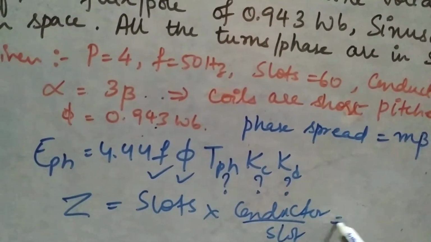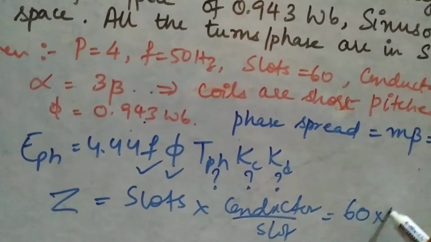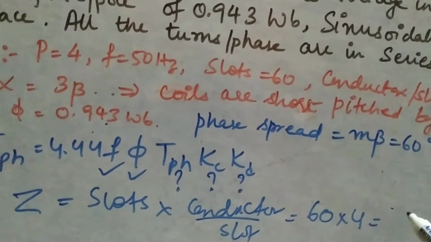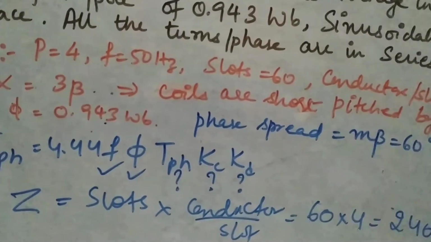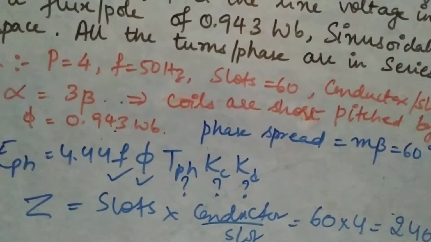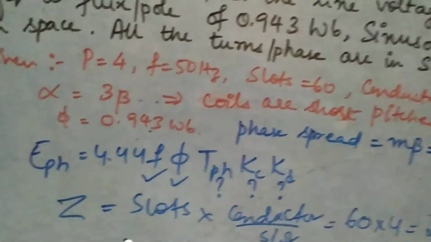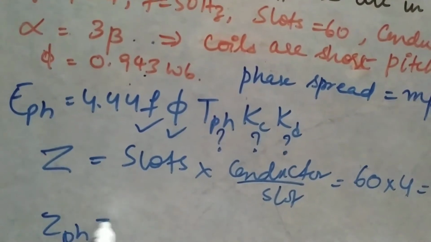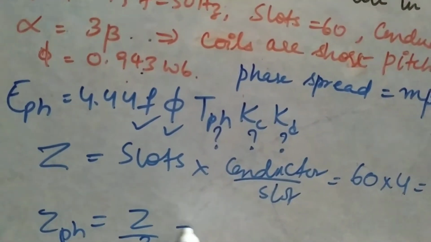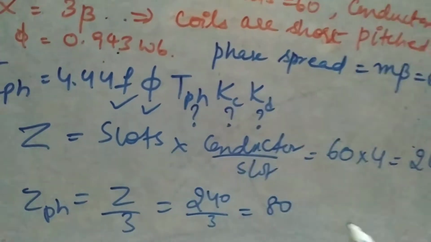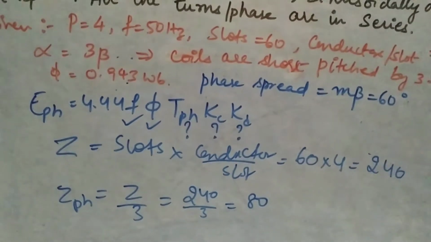That is 60 multiplied by 4, which results in 240. So this is Z. And if you want Z phase, it is Z divided by 3, so 240 divided by 3 results in 80.